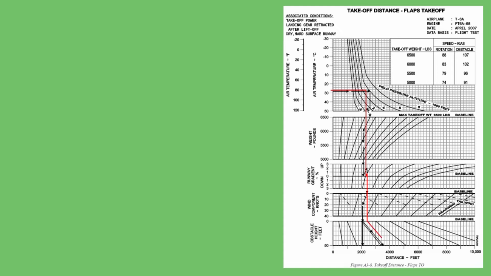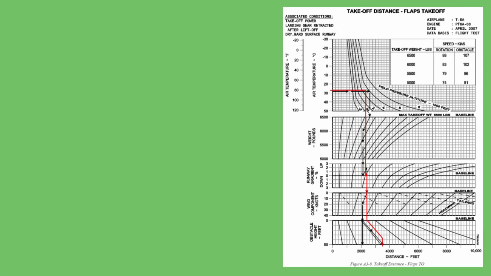This amount of gradient on a nearly 14,000 foot runway is negligible in the T-6, so for other charts in this lesson, we'll use 0% runway gradient. The winds are pretty calm, so we'll trace straight down to the obstacle height baseline. But as you can see in this chart, a headwind decreases takeoff distance and a tailwind increases it. With a headwind, if you rotate at 85 knots indicated, the aircraft will be less than 85 knots ground speed.